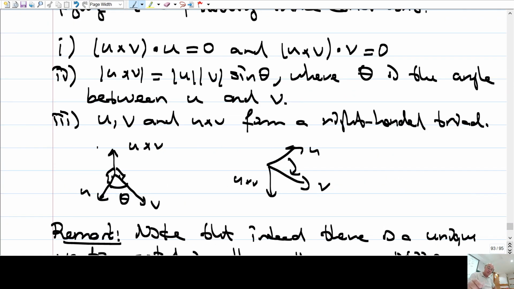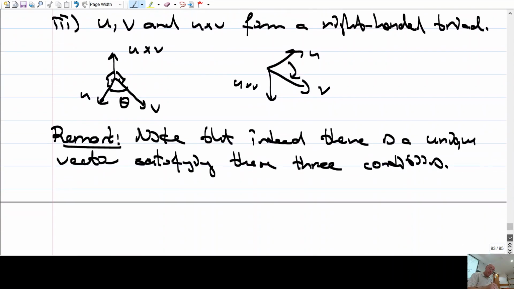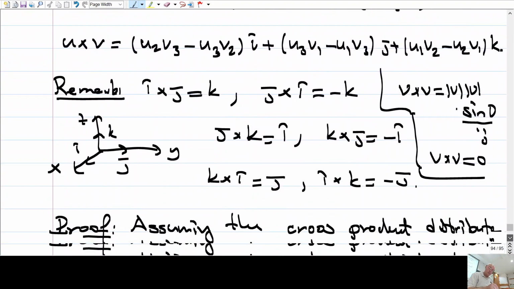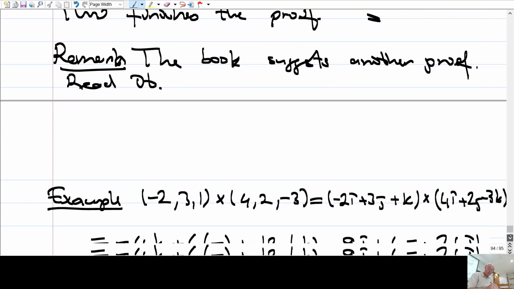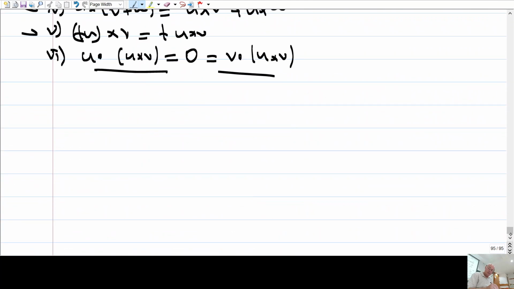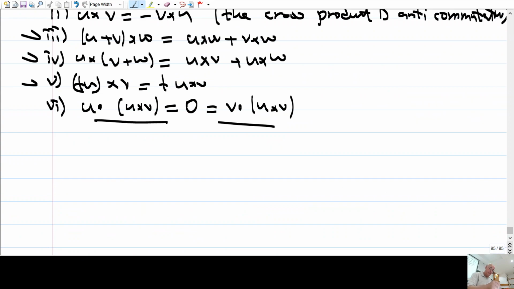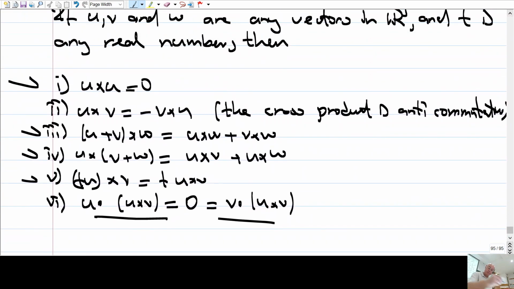It is just this definition, this term, right? u cross v dot u, u cross v dot v, they are both 0. So the definition is also stated as a property, but it is just the definition actually. It doesn't need any proof, right? It is just the definition. Okay.